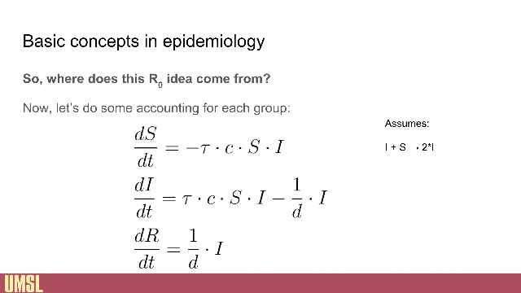And all of these things like tau, c, d have to do with measurable parameters that tell us how fast something is happening. So, how many infections happen per contact? How quickly do these contacts for infection happen? That sort of calibrates how quickly these reactions between a susceptible person and an infected person happen, moving a susceptible person into being an infected person.